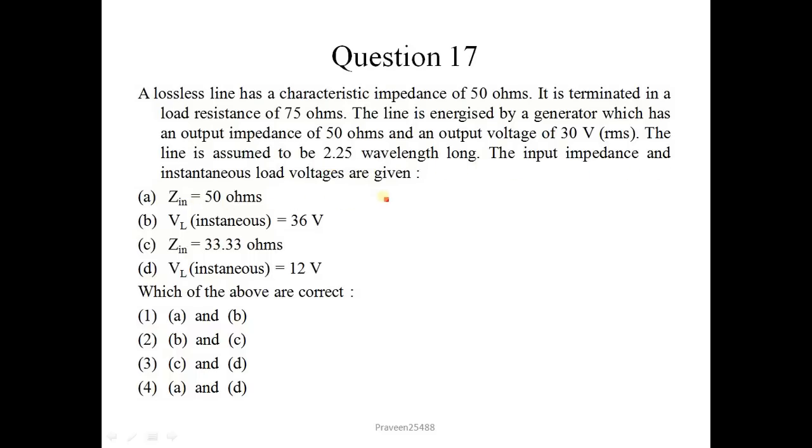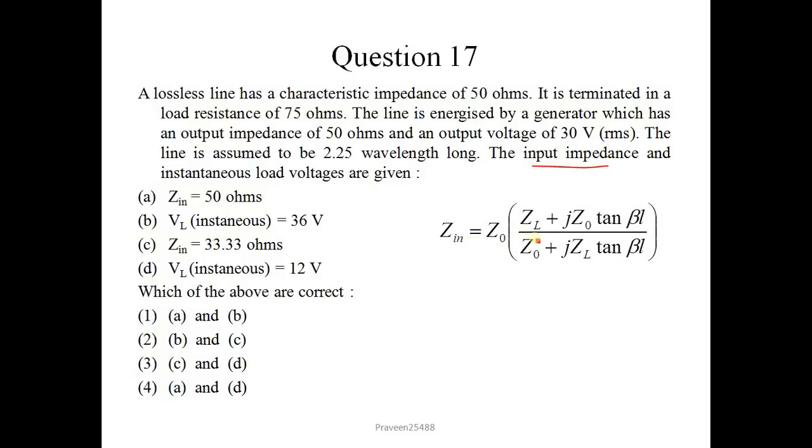So input impedance is given as Z0 times (ZL plus j Z0 tan beta L) upon (Z0 plus j ZL tan beta L).